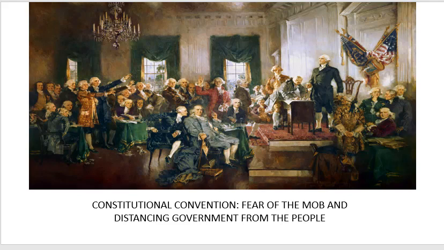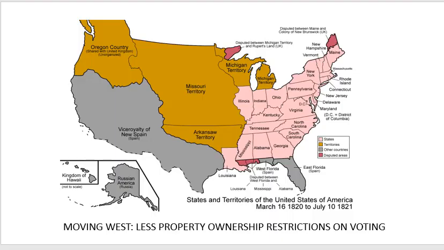So let's take a look at that process of ending property restrictions on the right of full citizenship and the right to vote. Here you see a map of the United States roughly around 1820, and you can see the various states, the original 13 states along here, and then the states in the West, what was then the West, of course, now really part of the Midwest, and how they came into the Union.